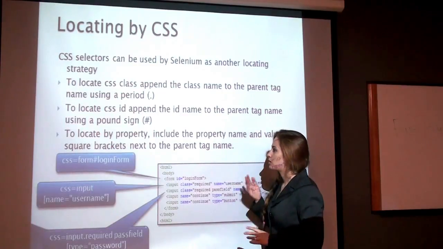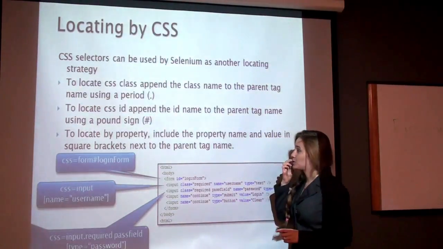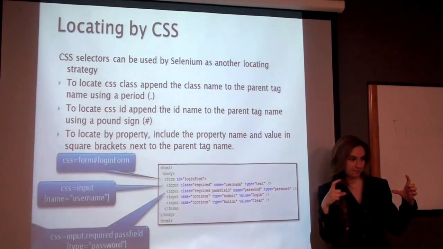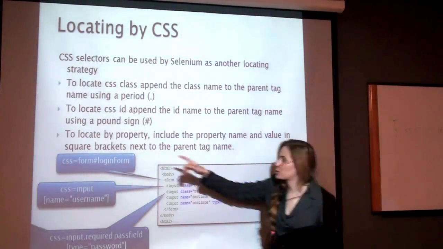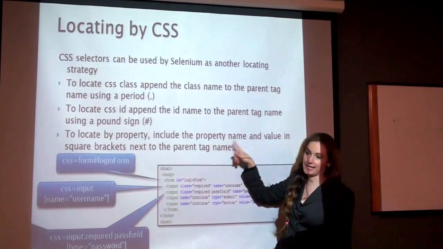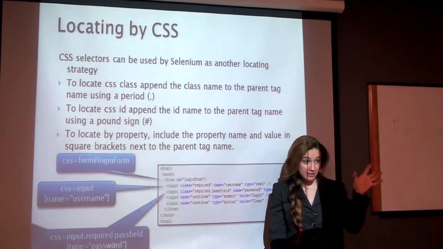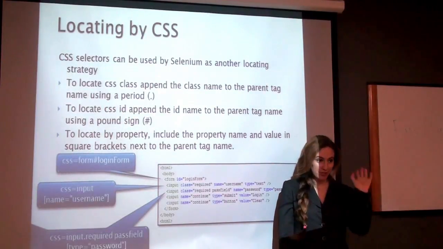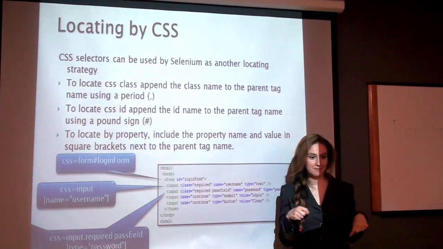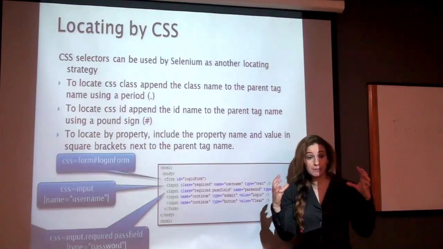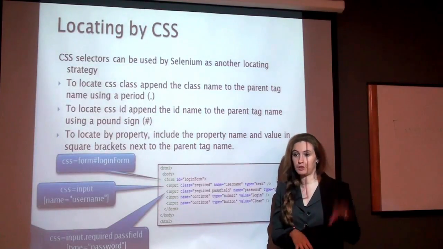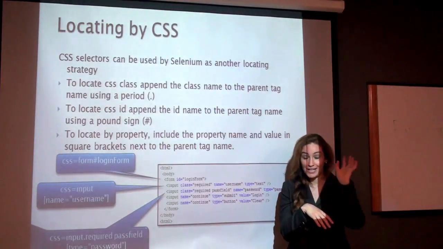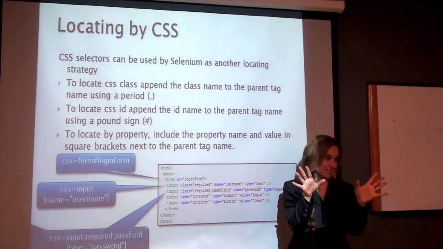You can use the property name and value as a pair, in square brackets next to the parent tag name. So before we said parent tag name dot, parent tag name pound. Now we're going to say parent tag name square brackets. And inside the square brackets, instead of putting just the value, we're going to put the attribute name and value. Make sense?